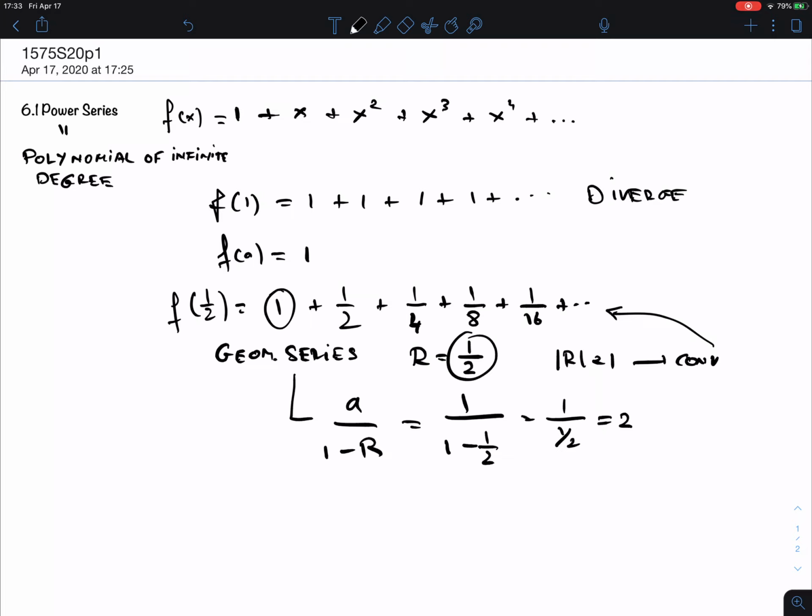So in other words, what we have shown in this case is that for the function f, this power series, if I plug in a half, then I get the value 2. But the fact that we have a value is not yet going to be our concern. Later we'll think about it more, but not now. What matters is that it converges. So plugging in 1 diverges, plugging in a half converges.